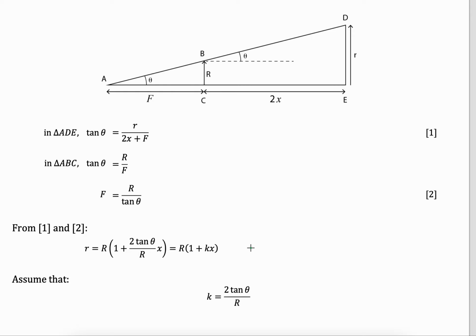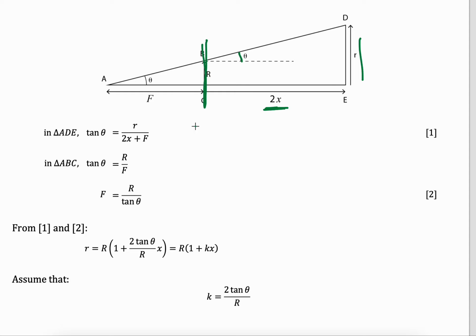To simplify our calculation, we draw a triangle. This is the starting point, and from the question, the separation occurs at 2x here. So we assume this is the length 2x, this is the r, and this is the angle theta.